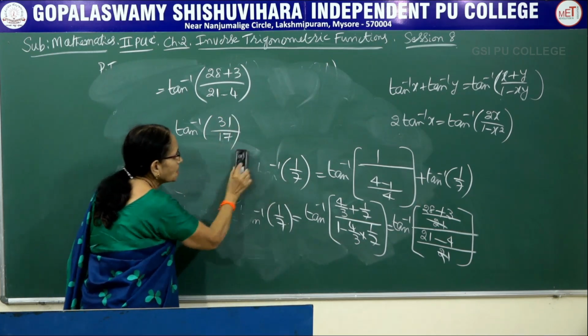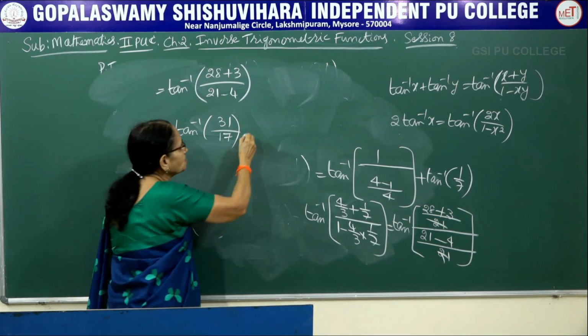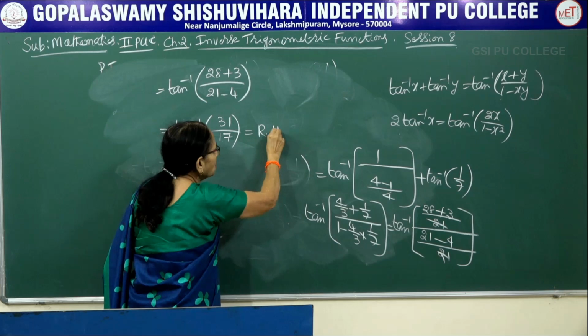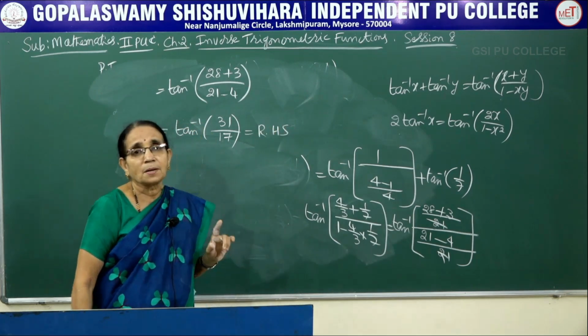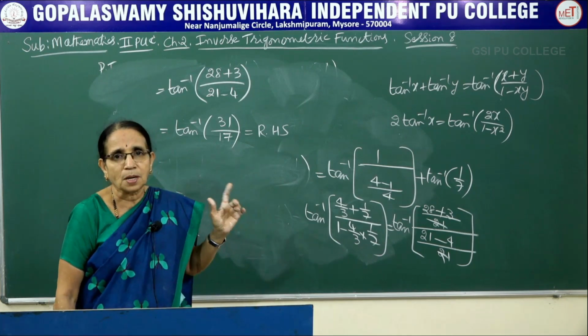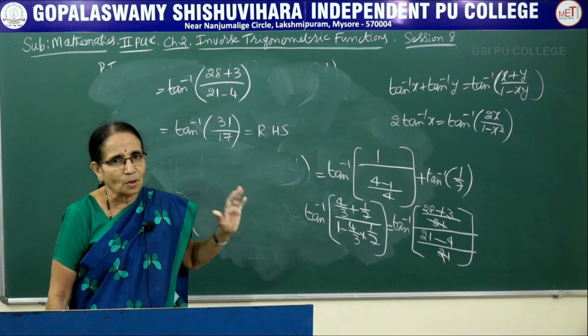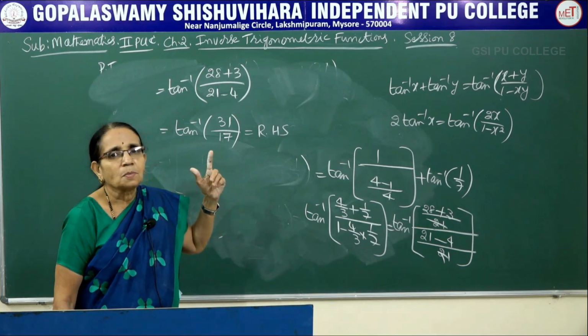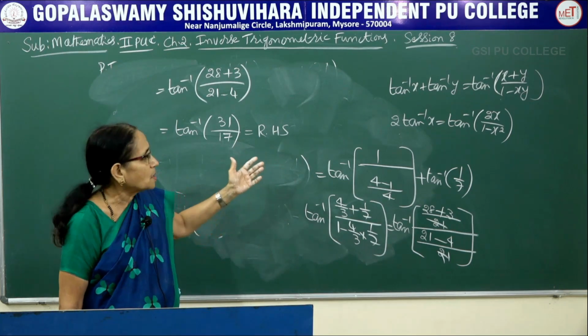You observe that the right hand side was actually tan inverse of 31 by 17. So I can write it as the right hand side. Now here we applied the last property, the fifth property, once and wrote 2 tan inverse x as tan inverse of some function. Then only I can make use of the previous property, or the fourth property, to arrive at the right hand side.